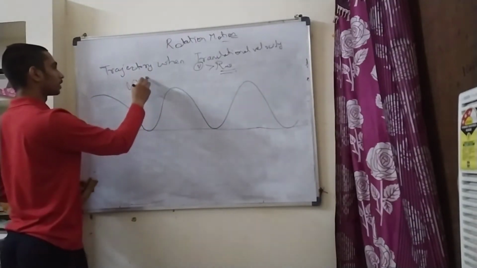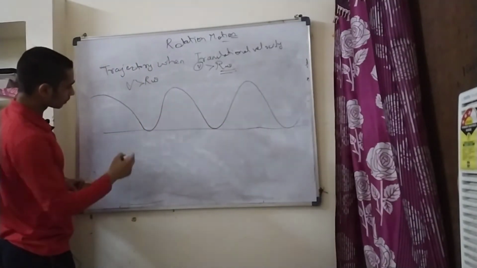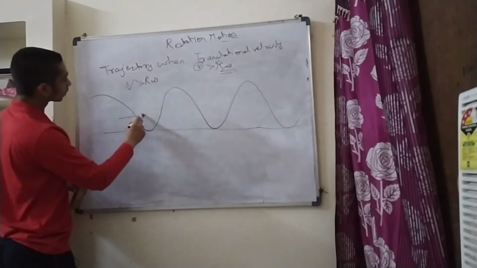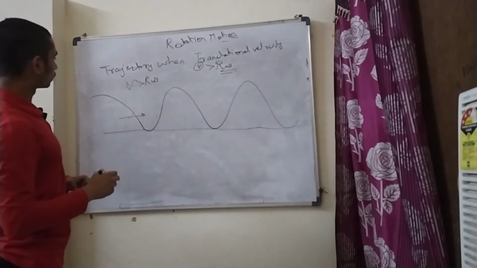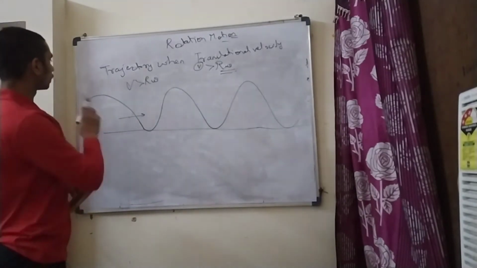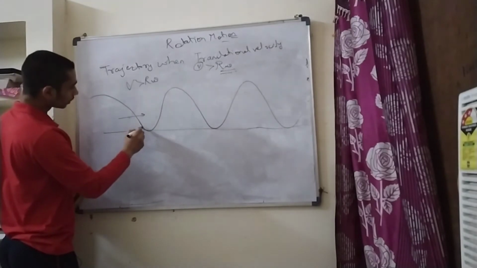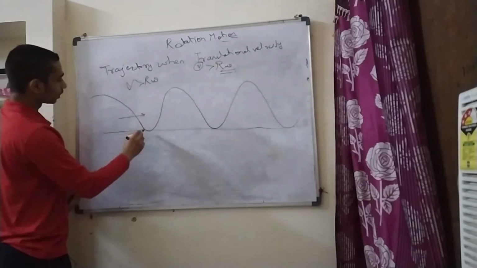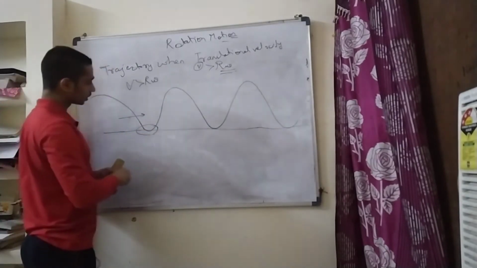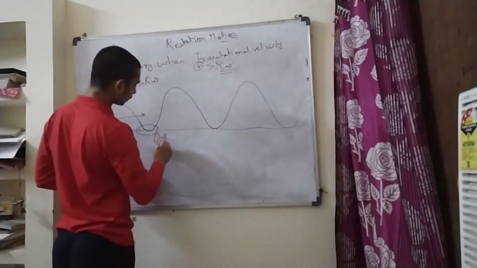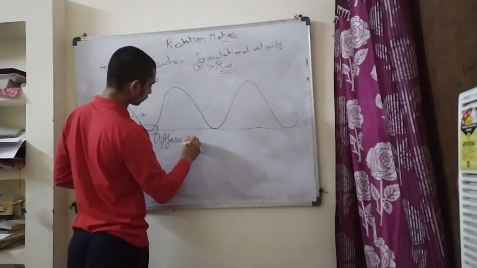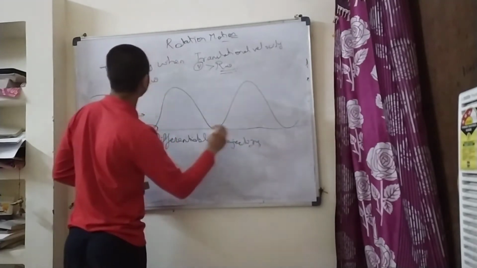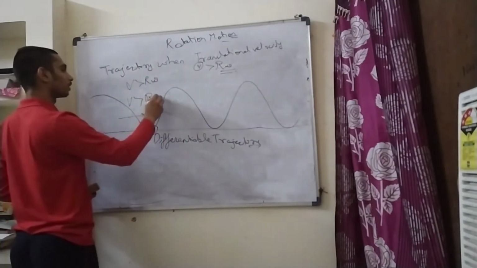When v is greater than r omega, we can imagine a cricket ball moving away. The trajectory will move away and it will not be circular, and here we will get a differentiable part, a differentiable trajectory. V is greater than r omega.